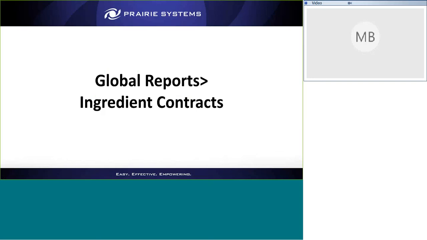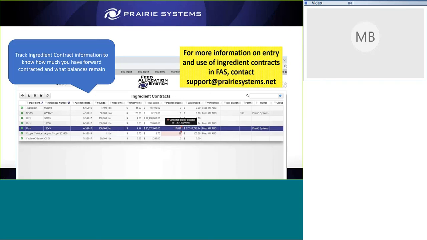Again, under Global Reports, you simply go down to Ingredient Contracts and select the report. Now, of course, you need to have ingredient contracts in FAS to be able to report on them. So please contact support at prairiesystems.net if you need further instructions on how to input your ingredient contracts into FAS for tracking purposes.